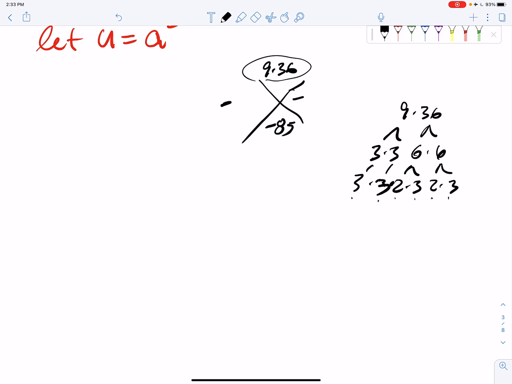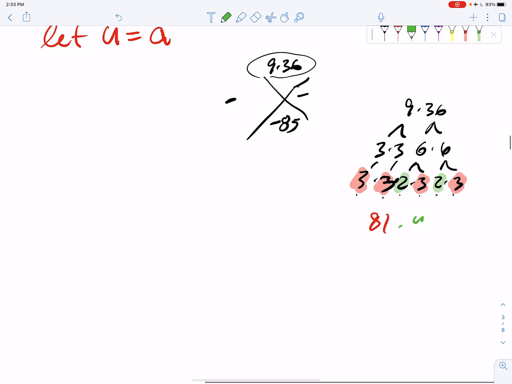Okay, and so I sort of messed around with a couple numbers, and eventually I saw this combination right here. I saw a 3 times 3 times 3 times 3, and when I did that, that gave me 81. And then I saw 2 times 2, and that gave me a 4. And now I'm ensured that that'll multiply to 9 times 36. In fact, if you multiply that out, 9 times 36 is what? 324.